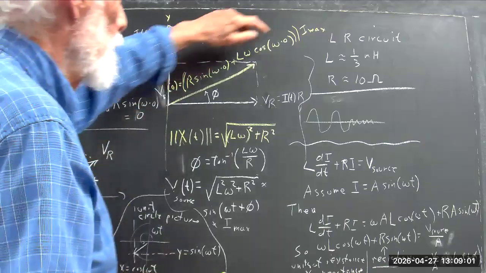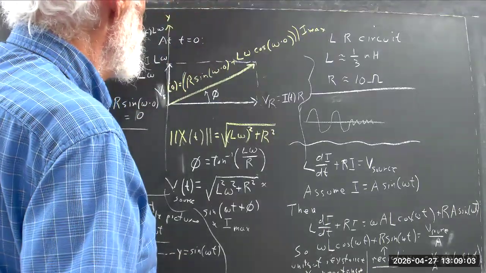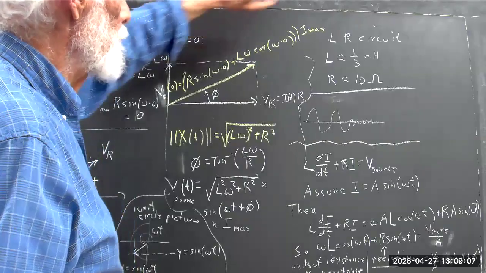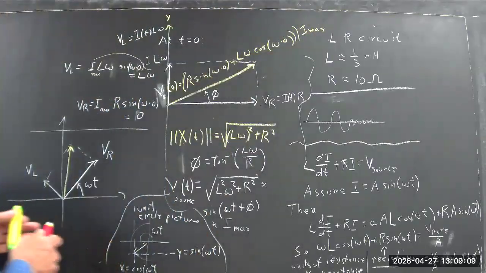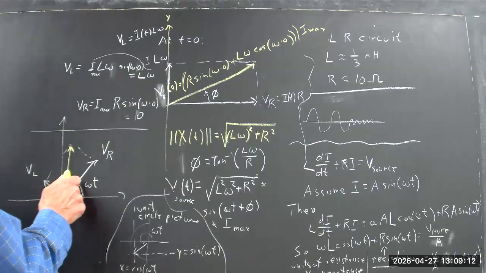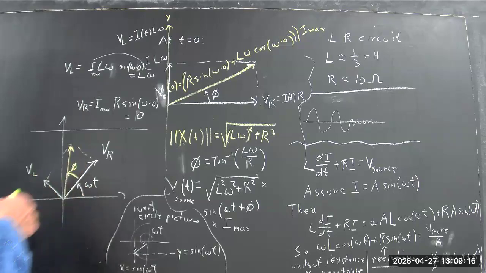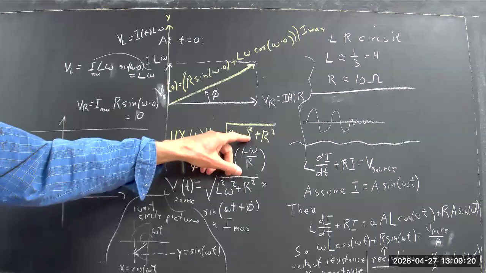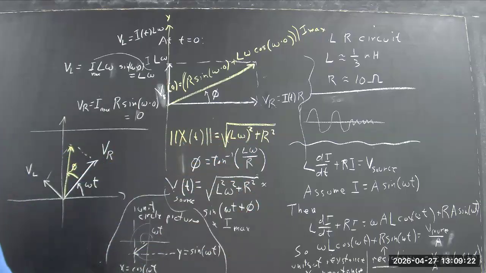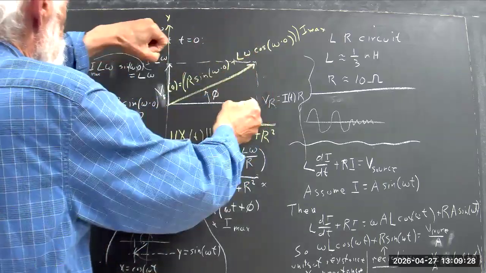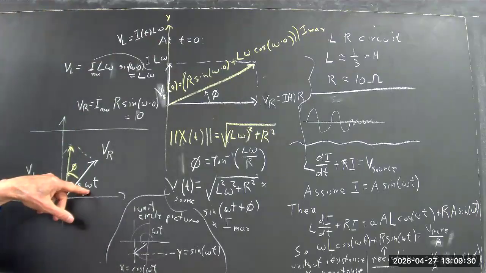We just evaluate this multiplied by I max. Right here's your phase angle phi, which is still the inverse tangent of L omega over R. That doesn't change. So what we've done is we've just taken this picture and we've rotated it through an angle omega t.